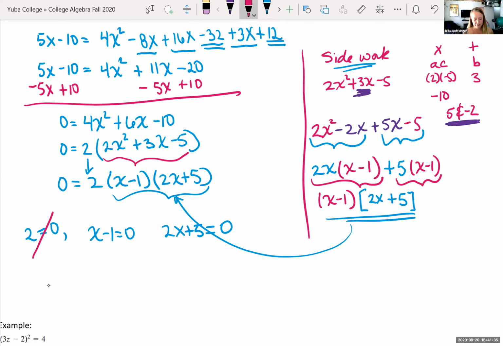So that's never true. The x minus 1 equals 0 when x is equal to 1, adding 1 to both sides of our equation. Here, we subtract 5 on both sides. So we get 2x equals -5 and divide by 2. So we get x equals -5/2.